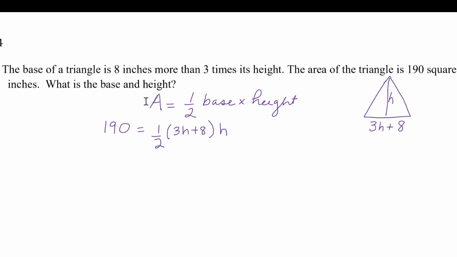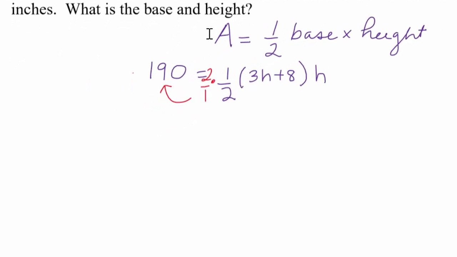Okay. Now one of the things that I don't like is this half here. So what I'm going to do first to make life easier is multiply by 2/1, the reciprocal. I'm going to multiply by 2, okay? Because then here I'm going to have a 1. 2/1 times 1/2 is 1. So I'm going to have 3h plus 8 times h, and then over here I have 380.